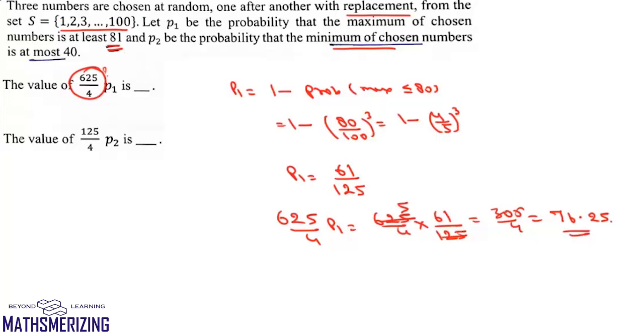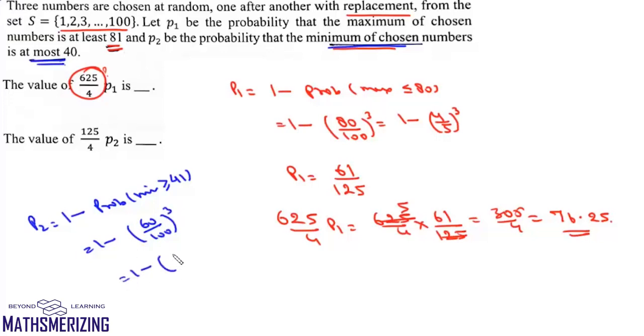Now the second case, when it says the probability that minimum of chosen number is at most 40, it will be this case when we have 1 minus the probability that minimum of all the three numbers is greater than or equal to 41. So it will be 1 minus 60 by 100 whole cube. So it will be 1 minus 3 by 5 whole cube.